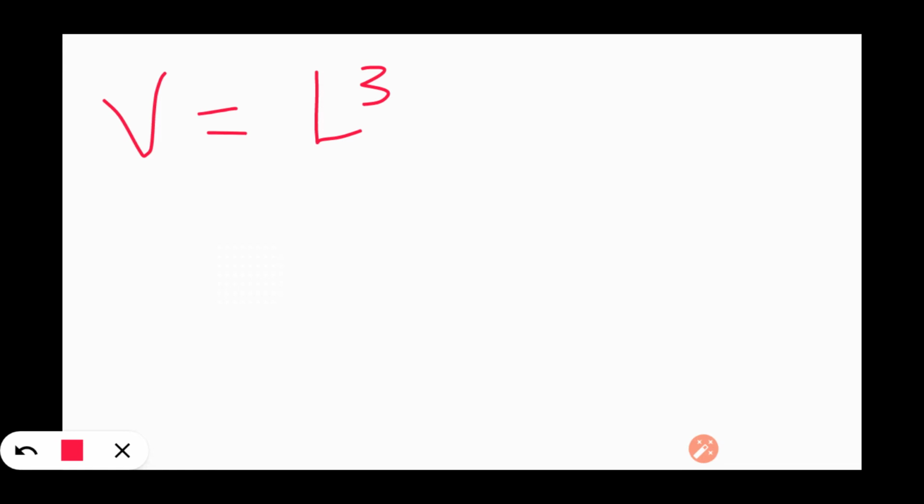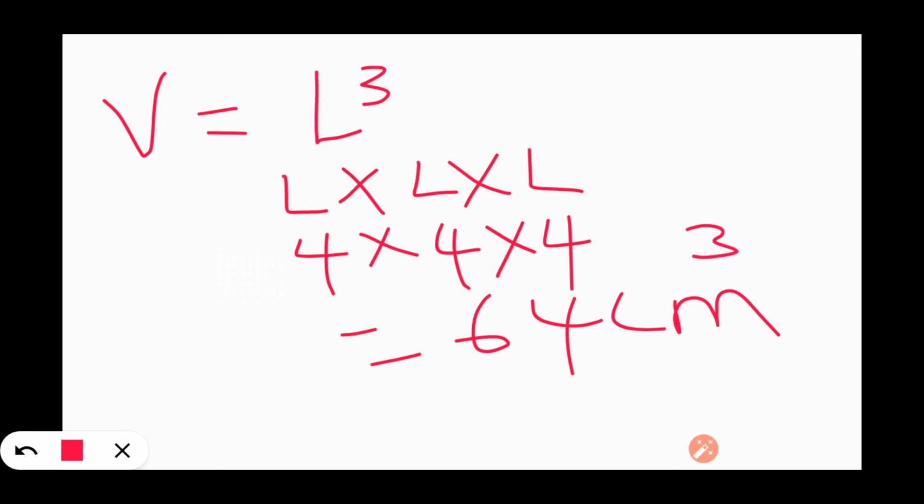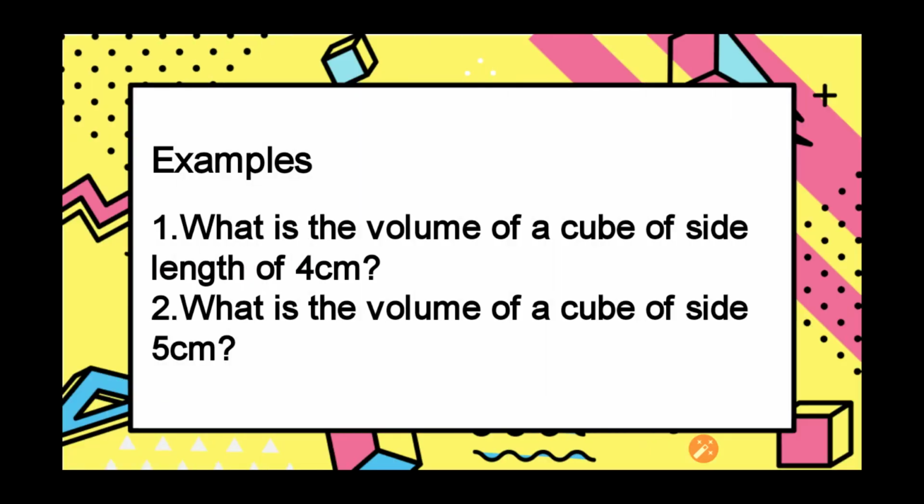L cubed is the same thing as L times L times L. So wherever I have L, I put 4 there. 4 times 4 times 4. 4 times 4 is 16. 16 times 4 gives me what? 64 centimeter cube. My answer is what? 64 centimeter cube.